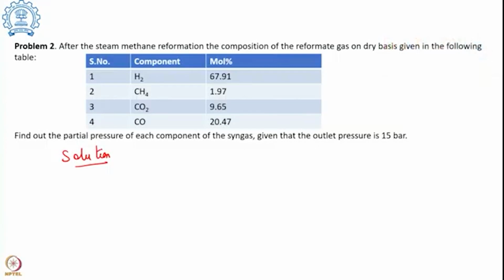Now we know Dalton's law, which is actually for ideal gas but can be applied here, because the temperature of the reaction in SMR which we are considering is very high, 700 to 950 degree centigrade, and under those conditions we can still apply Dalton's law, which says that the partial pressure is equal to the mole fraction times the total pressure.